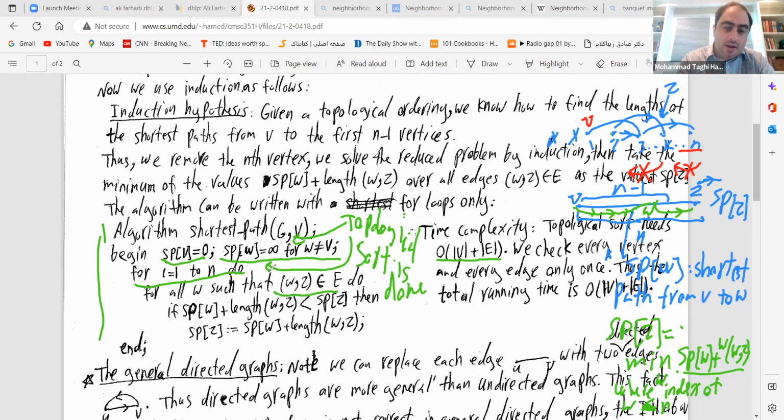For all W such that WZ belongs to E, if the path through vertex W is shorter than the current path for vertex Z, and again SP of Z is infinity at the beginning, so if there is any path, then it would be less than infinity. If there is even one path, we get less than infinity. Then you just update Z. This is the minimum part that we talked about here. We just take the minimum.